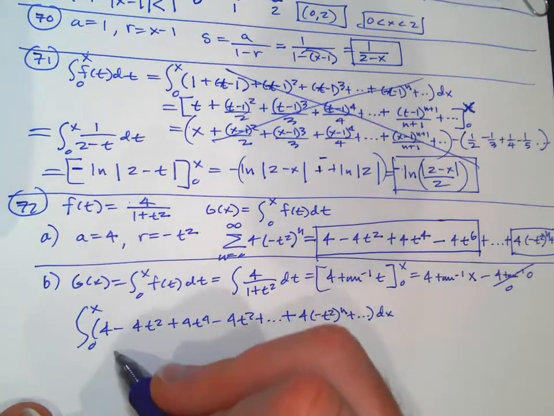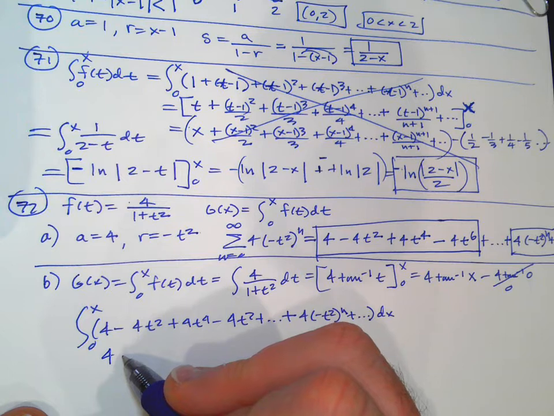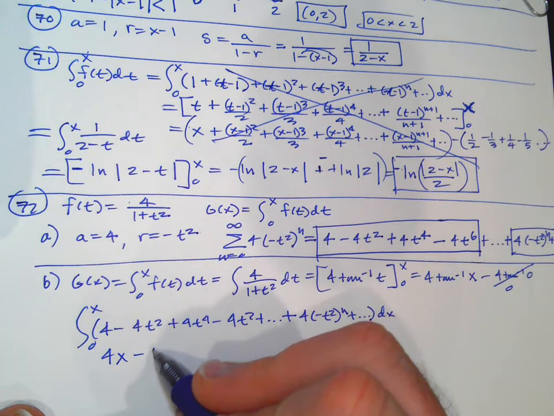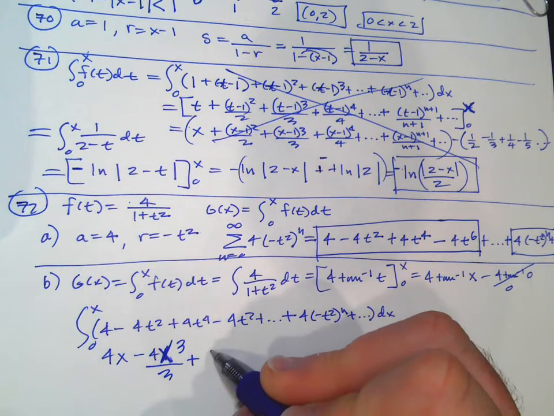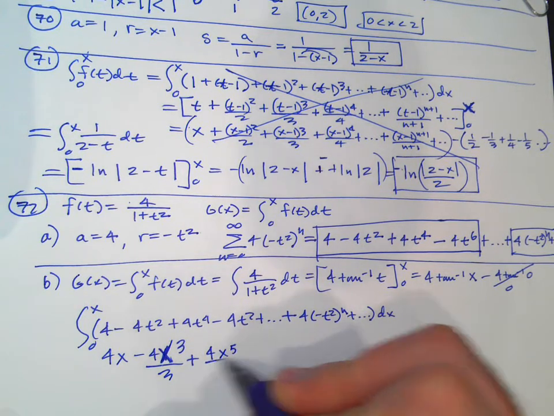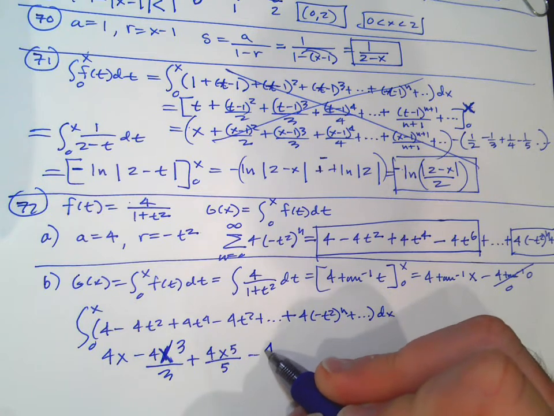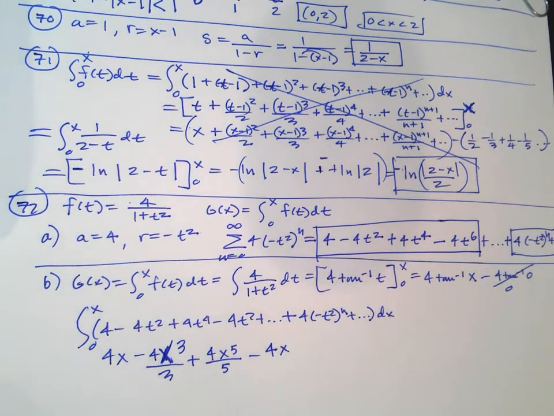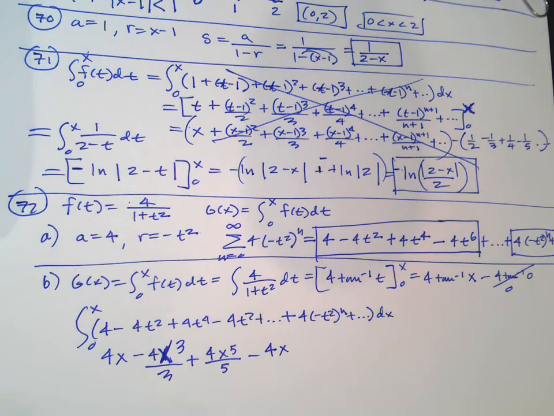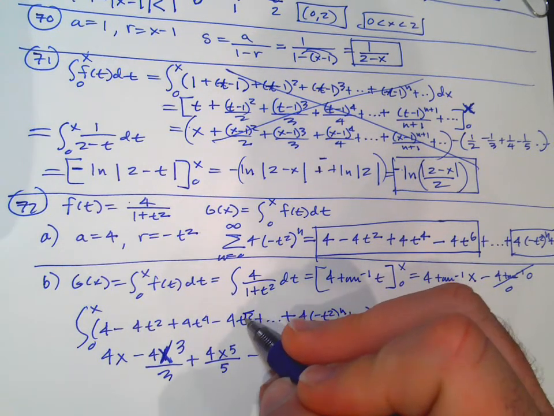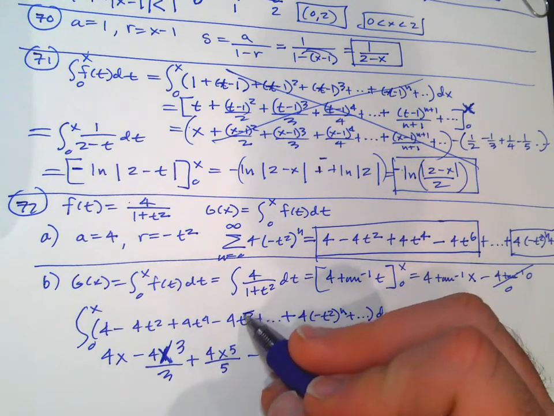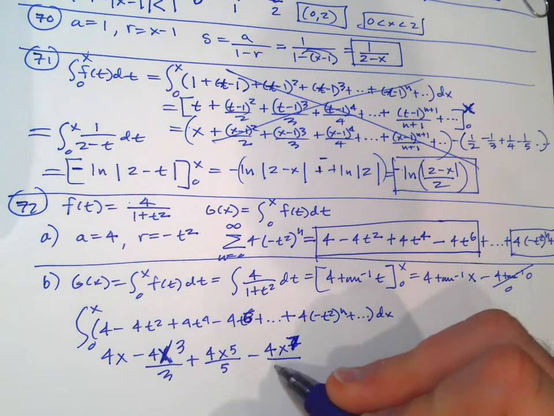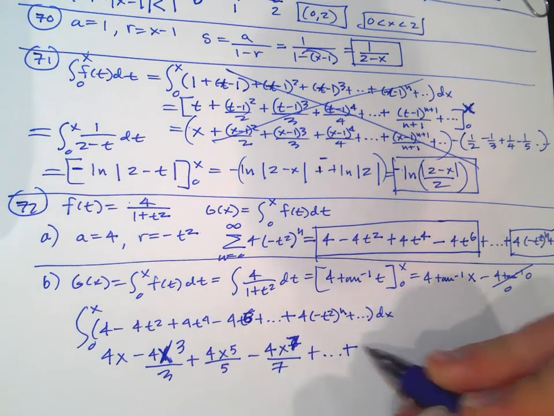If you do that, you're going to get, let's see, 4x minus 4x to the third over 3 plus 4x to the fifth over 5 minus, the next one would be minus, we want the first 4. Let's see, this should be 4x to the seventh over 7, I messed something up. It's supposed to be a 7. Plus dot dot dot.